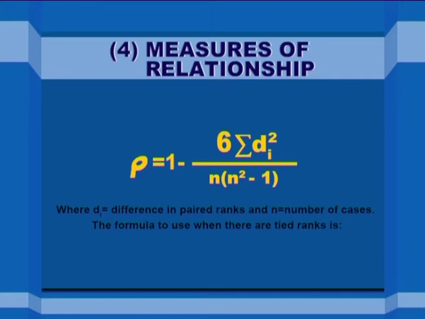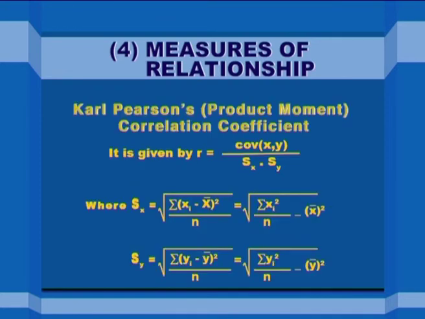The one term in the formula that you might not be familiar with is small d, which is equal to the difference in the ranks of the two variables. Another method is Karl Pearson's, also called the product moment correlation coefficient. It is the ratio of the covariance between two variables to the product of their standard deviations.